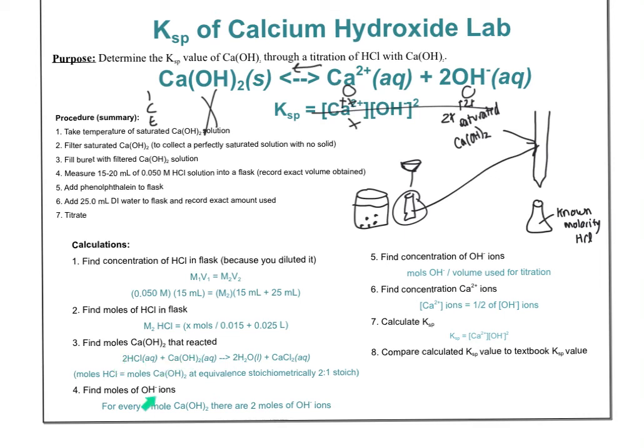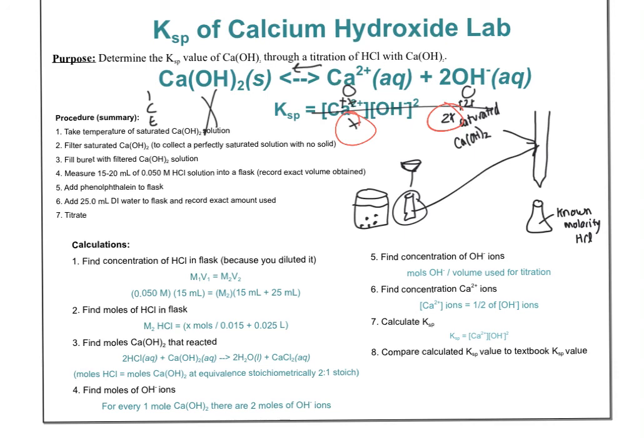And then we could find moles of OH. For every 1 mole of calcium hydroxide, there were 2 moles of OH. So essentially then, I know moles of OH, I know how much it took from start to finish to do the titration, so I know the molarity of OH-, which means at saturation, at equilibrium, you knew what 2X was. So then we know that if I cut that in half, I will know the concentration of calcium, and we can plug both of those numbers into our Ksp.